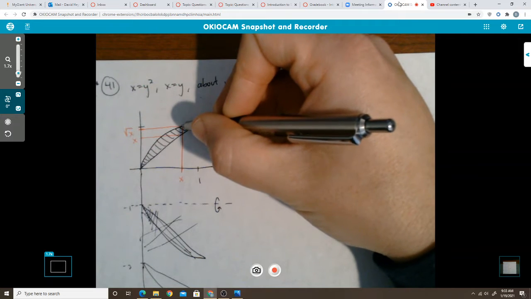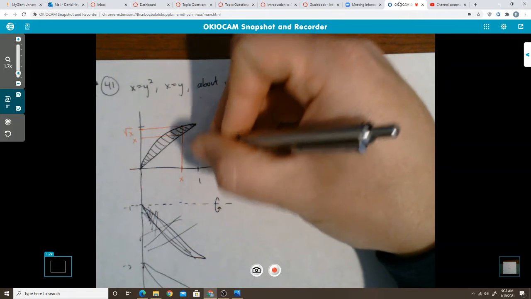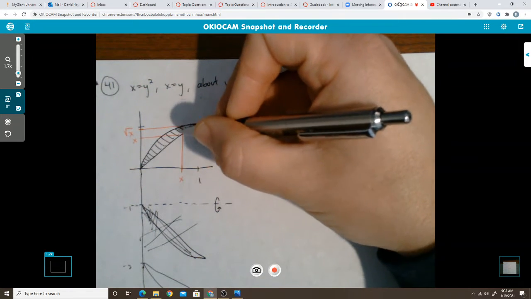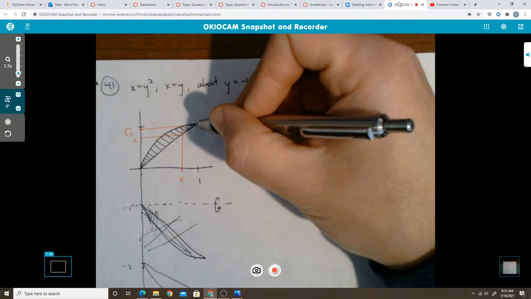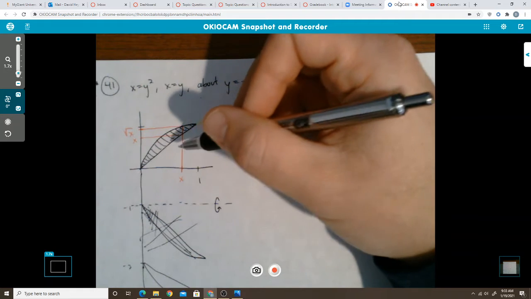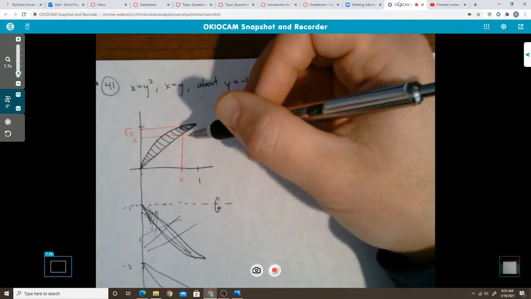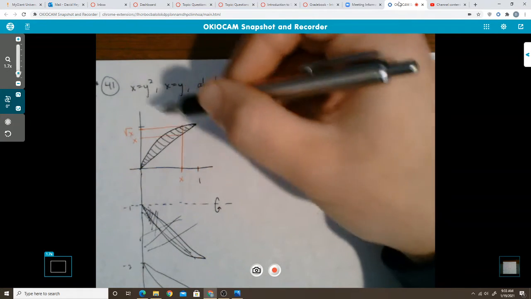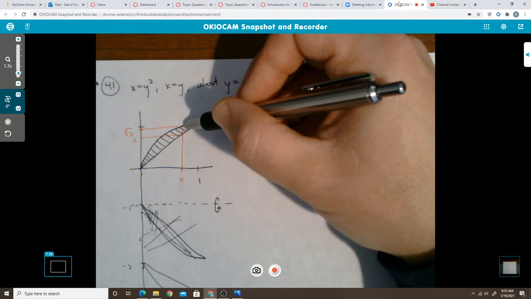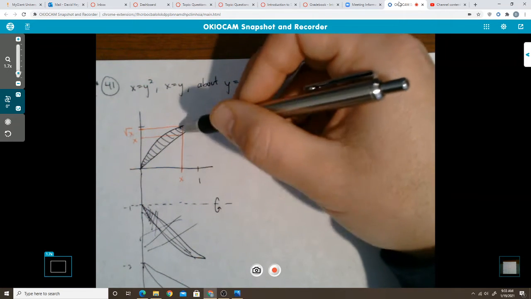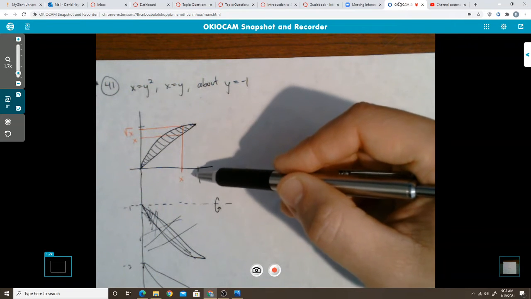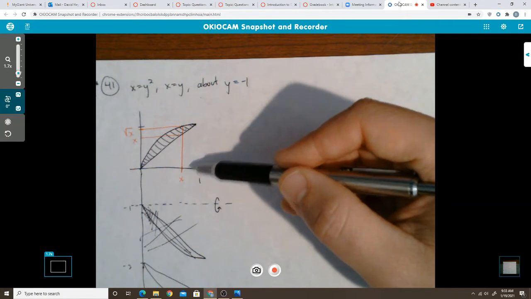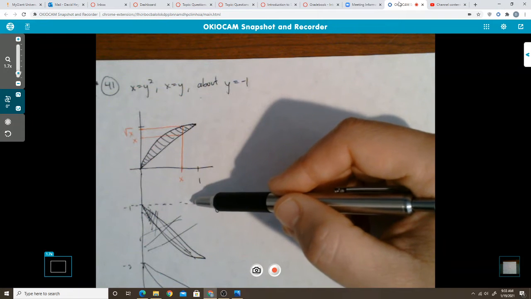So now here's where you might get into a little bit of trouble, because you might think, well, from here to the top portion, that vertical distance should be, since this is the function x equals y squared, if we solve it for y, if we solve it for the height, which would be y, we would get y equals square root of x. And so you might think the radius for the outer circle is going to be square root of x. That would be true if you were revolving about the x-axis, but you're not. You're revolving about the line y equals negative 1.